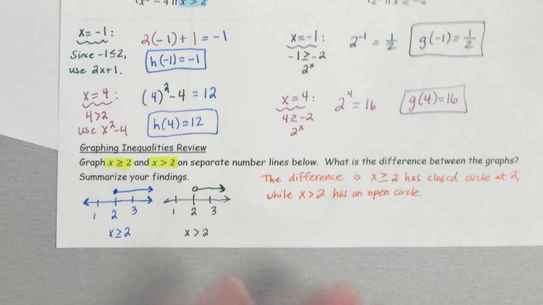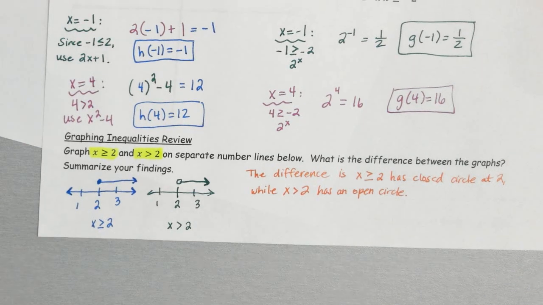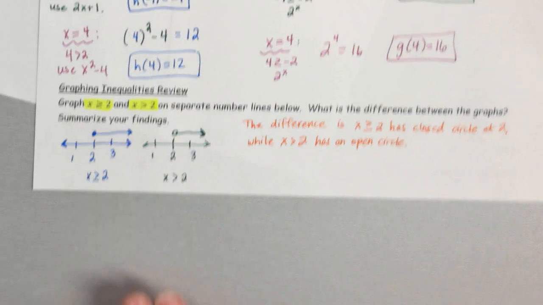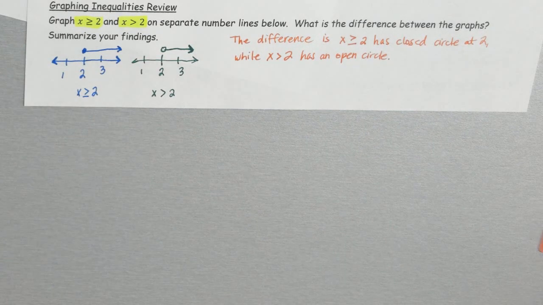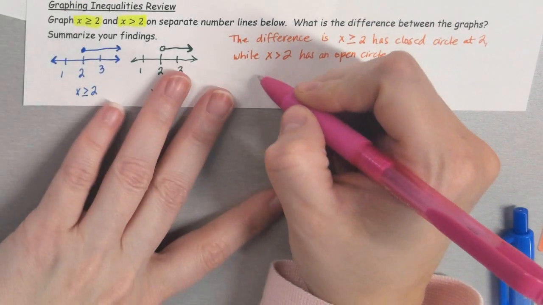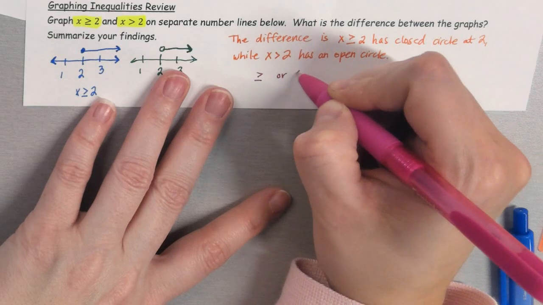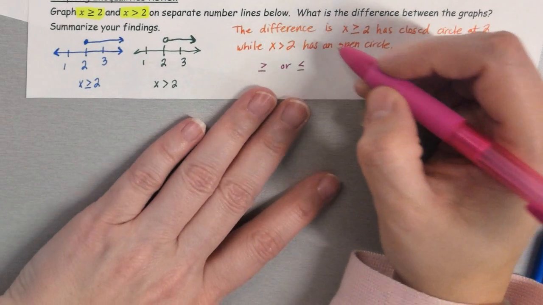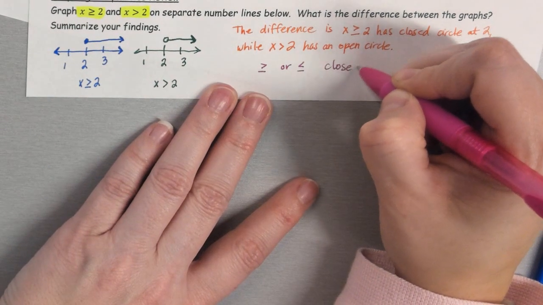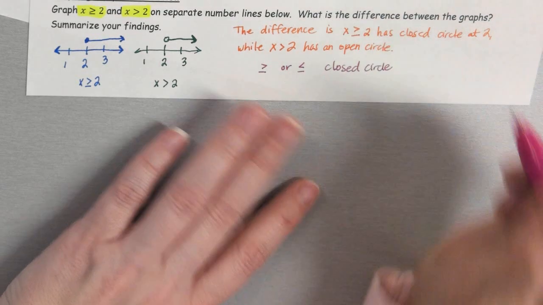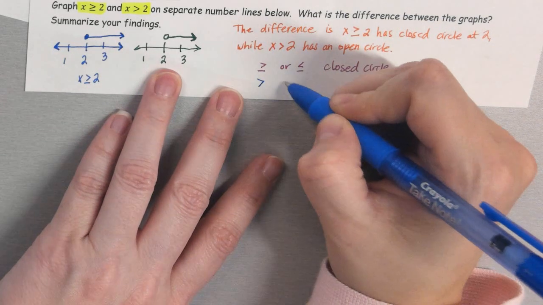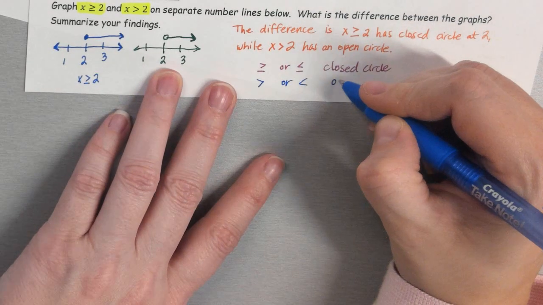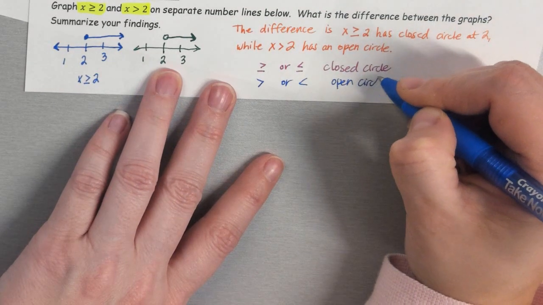So let's talk about what symbols are going to produce what types of circles. We're going to need this for our graphs. So if it is greater than or equal to or less than or equal to, that's when you have the closed circle. And if you have greater than or less than, that's when you have the open circle.